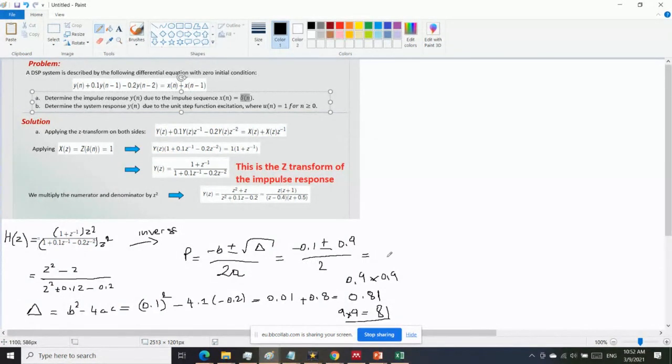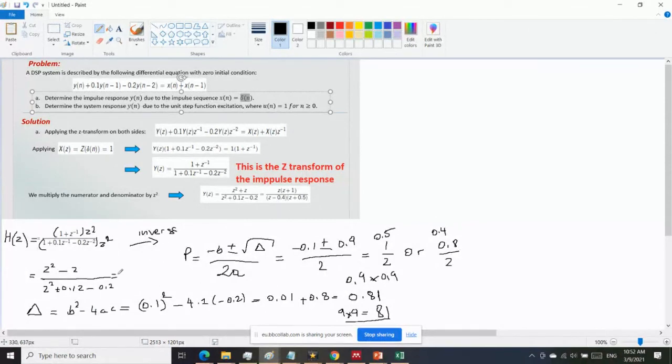So we have two solutions: minus 0.1 minus 0.9, which is minus 1 over 2, or minus 0.1 plus 0.9, which is 0.8 over 2. So one is minus 0.5 and the other is 0.4.